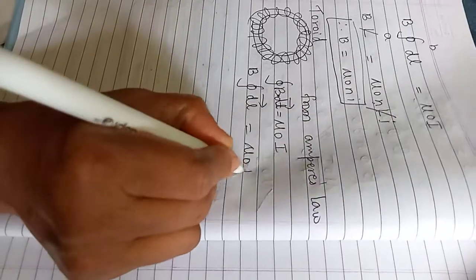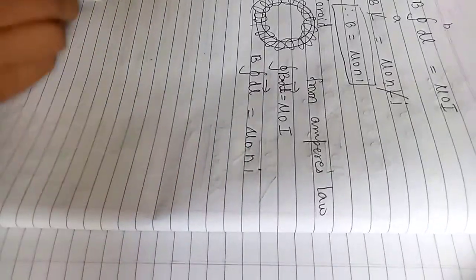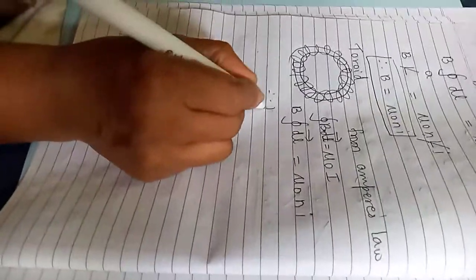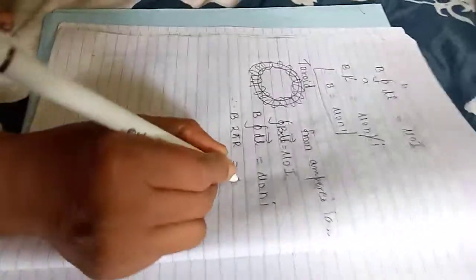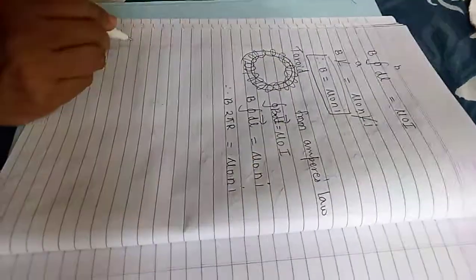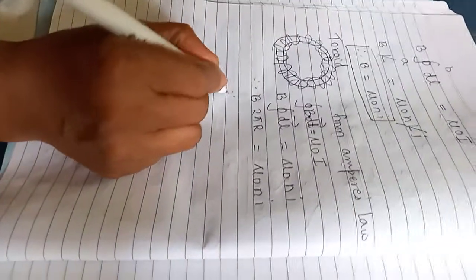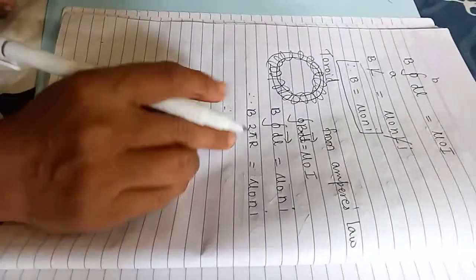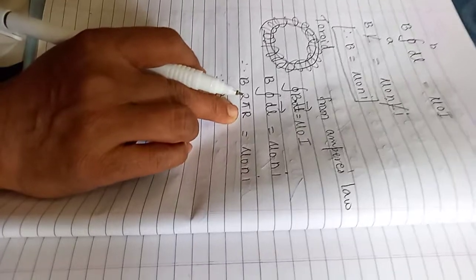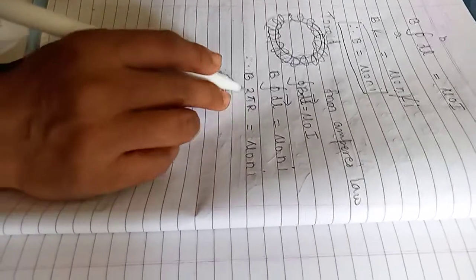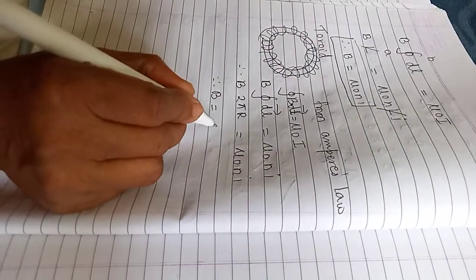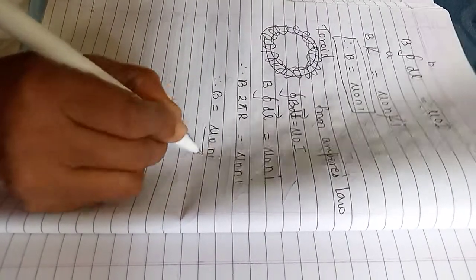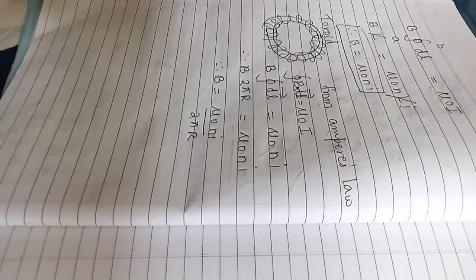What is the current? Number of turns multiplied by current through each turn. Therefore, what is the integration of dl? 2 pi r. So B times 2 pi r is equal to mu naught N i. Are you okay? Hence B is mu naught N i divided by 2 pi r. Ends the story.